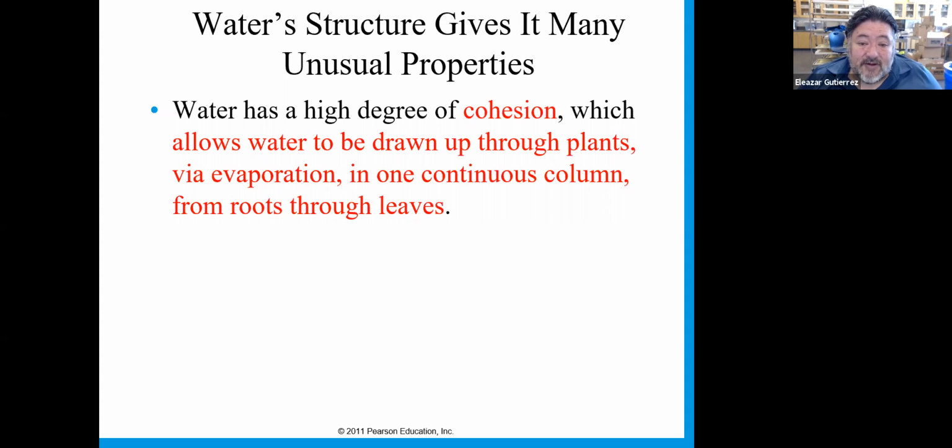That is mind blowing. So this ability of plants to draw water up in a column from the roots into their leaves is what allows them to get water and minerals and other nutrients that are essential to their survival. Very, very important.